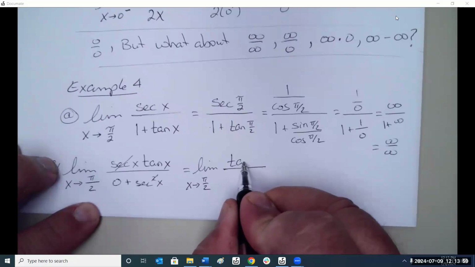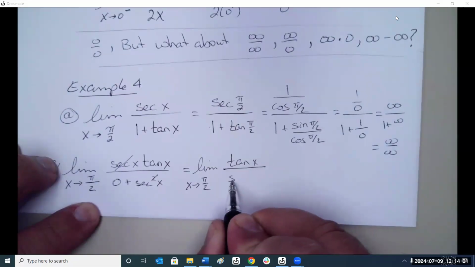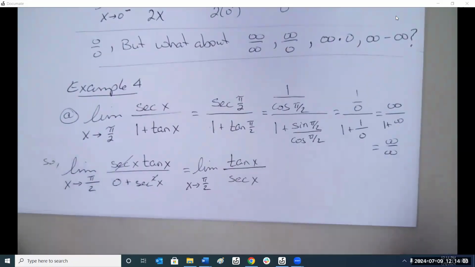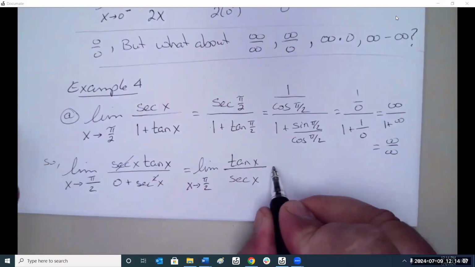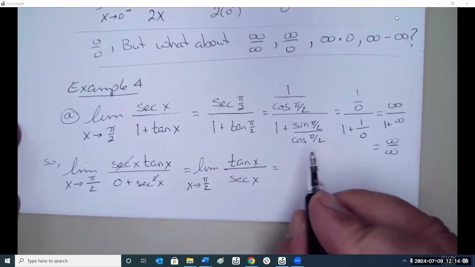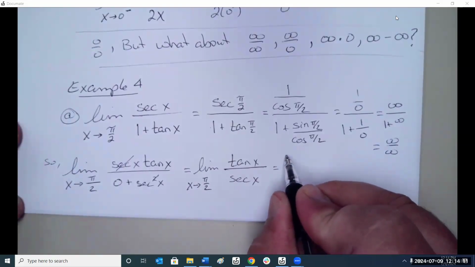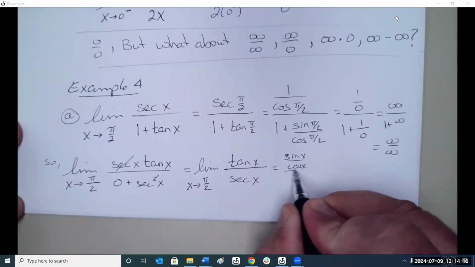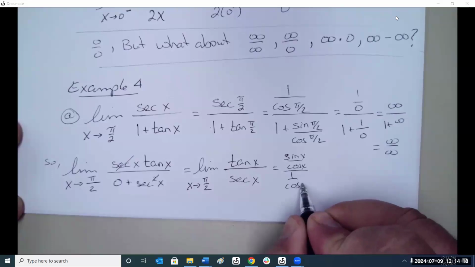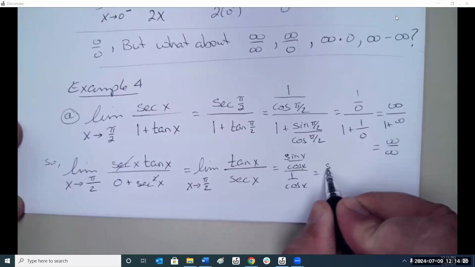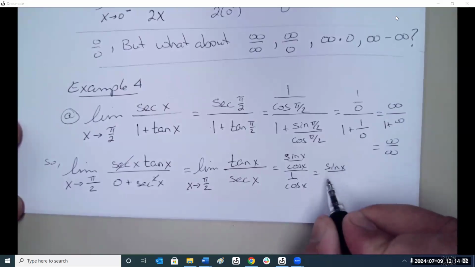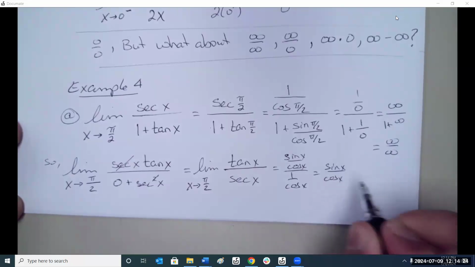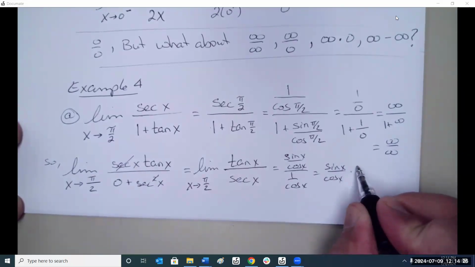So we have tangent x over secant x. So we get sine over cosine over 1 over cosine, which becomes sine x over cosine times the flip of the bottom.